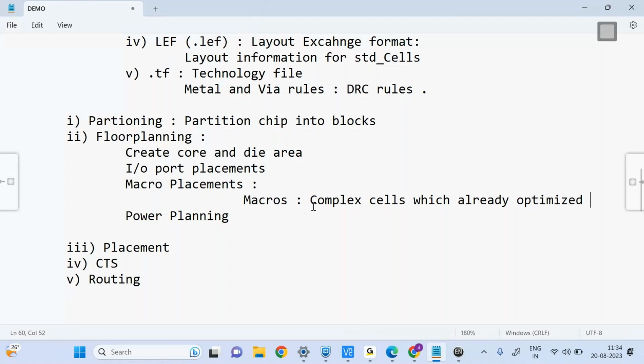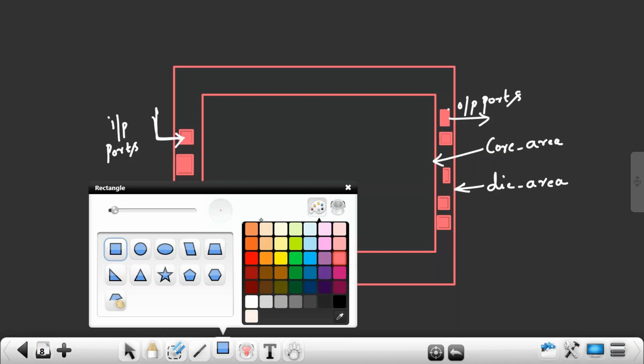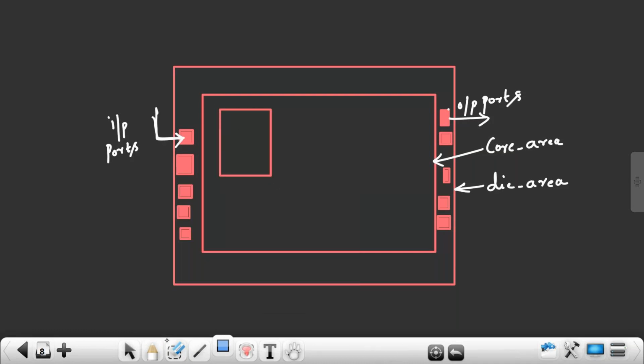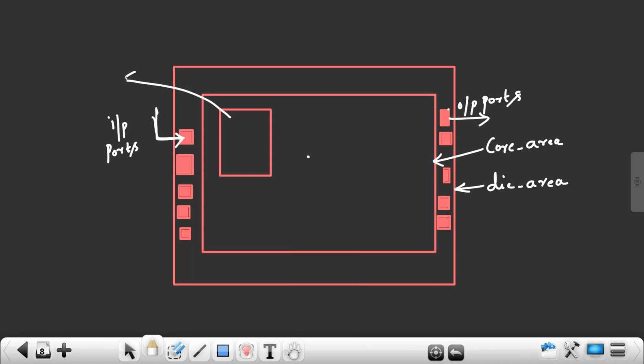For example, assume I want SD-RAM in my block. I want 50 SD-RAM. If I want to implement each SD-RAM through a Verilog program, synthesize it, and get the netlist, each SD-RAM takes some 1000 cells.